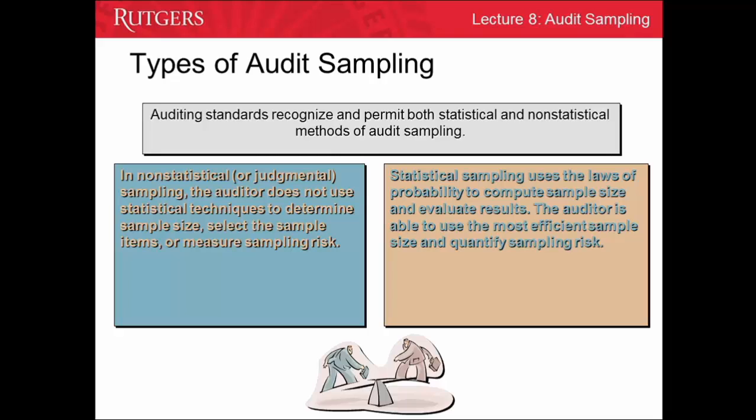Statistical sampling, on the other hand, uses the laws of probability to compute sample size and evaluate the sample results, thereby permitting the auditor to use the most efficient sample size and to quantify the sampling risk for the purpose of reaching a statistical conclusion about the population.